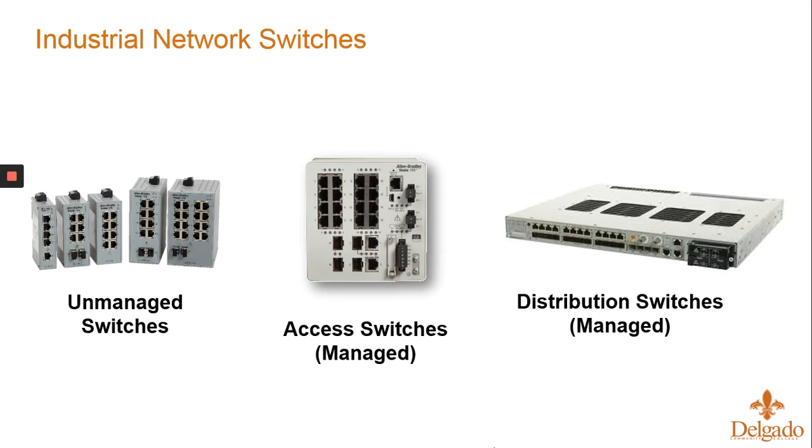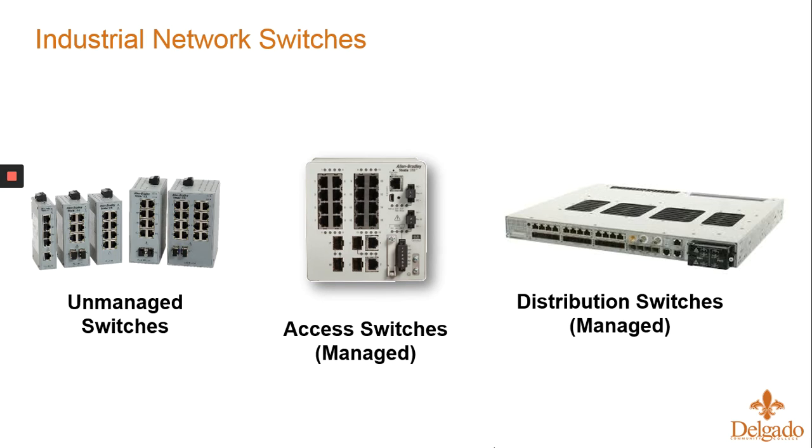What makes an industrial switch different than, say, what you would find at Delgado's in their IT room is that these guys are industrial in nature. So they're designed to be rugged. They're designed to be on the plant floor. They're designed to take the heat and the vibration of the plant floor.